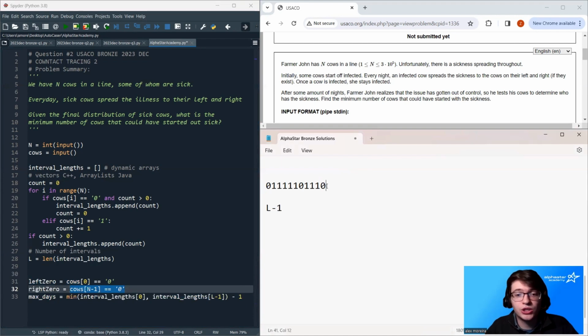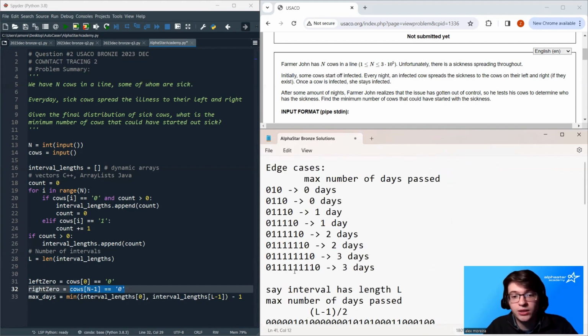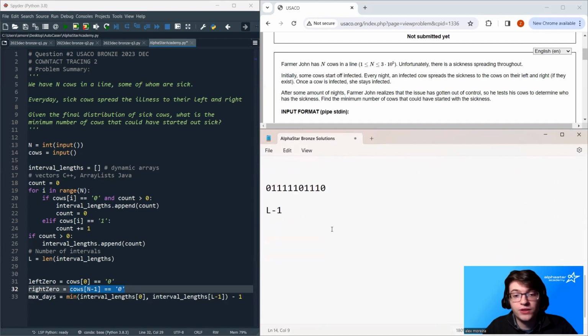So it just checks whether or not this 0 exists. If this 0 exists, then we want to use the original formula to calculate the maximum number of days that have passed. If this 0 doesn't exist, then we're going to keep using this formula.